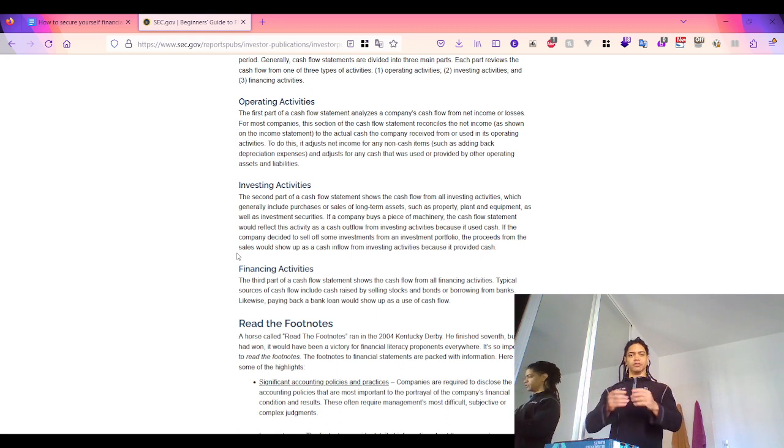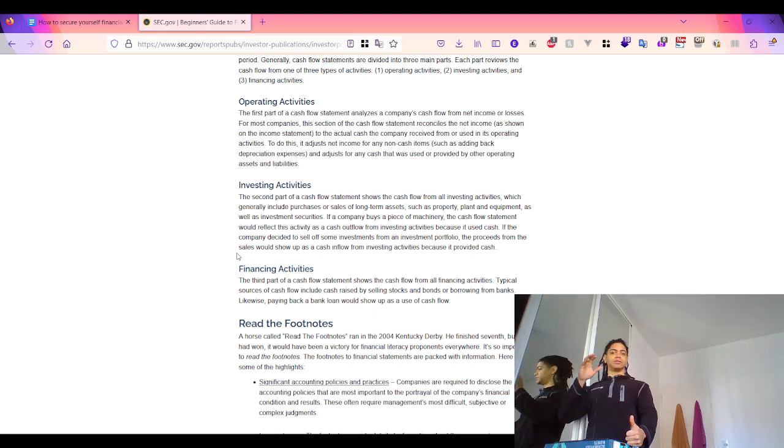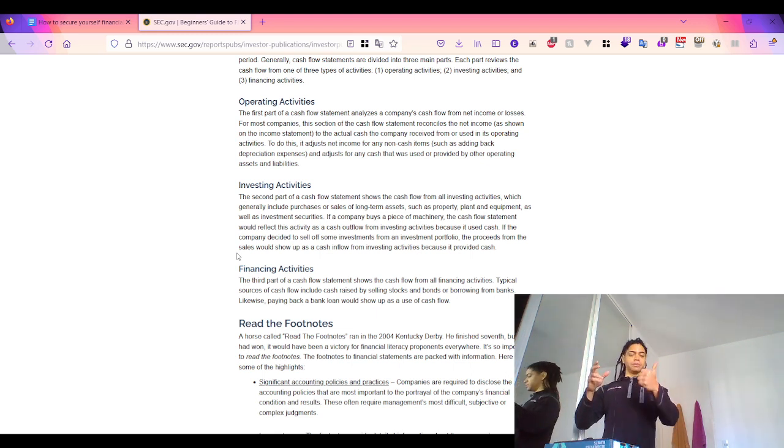The second part of the cash flow statement generally involves the purchase or sale of long-term assets, meaning intangible assets, patents, trademarks, goodwill, copyrights, customer relationships, property, plant and equipment, investments, leasehold improvements.